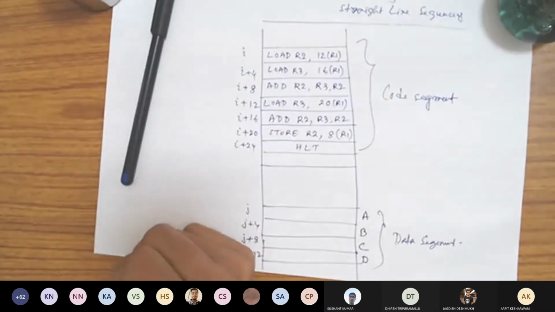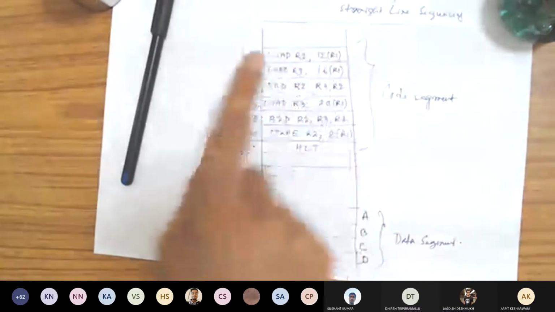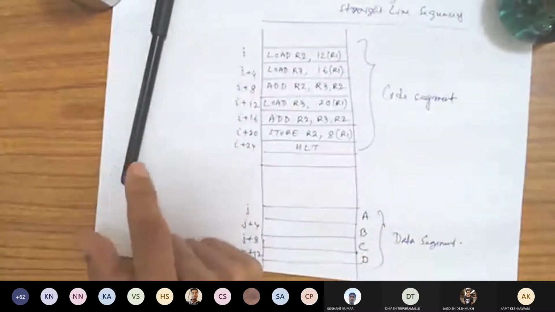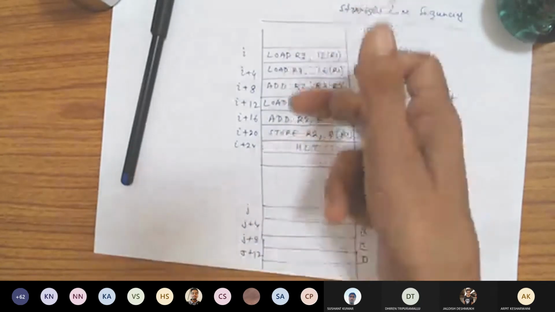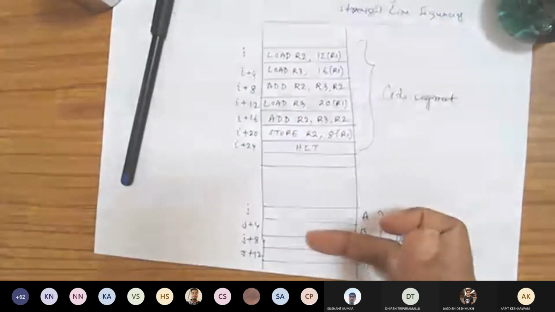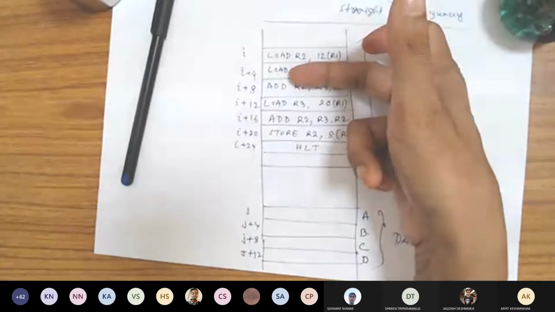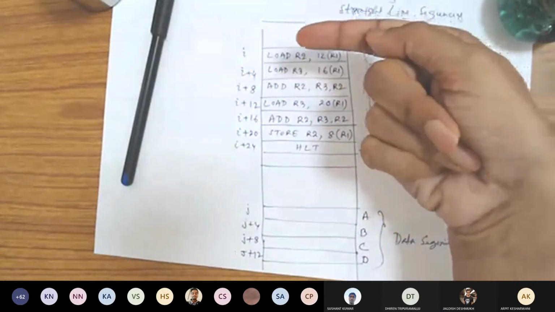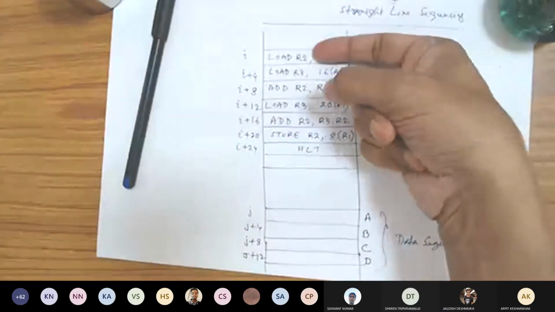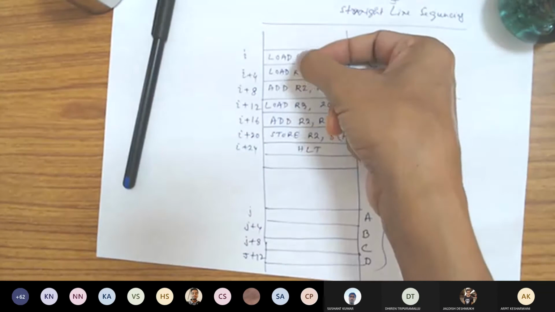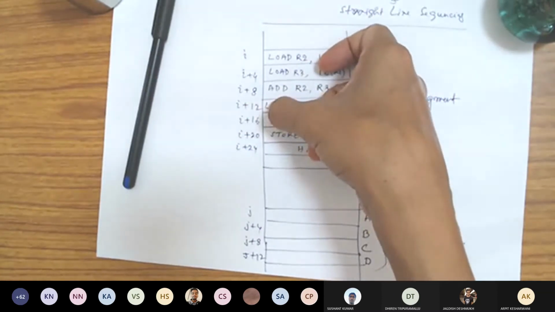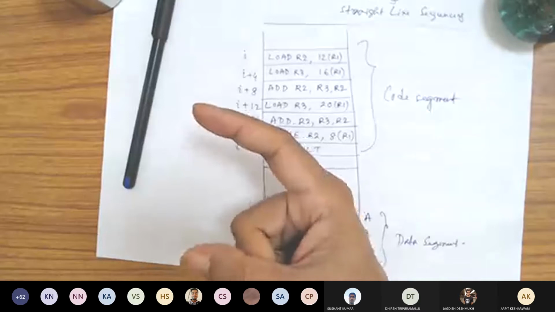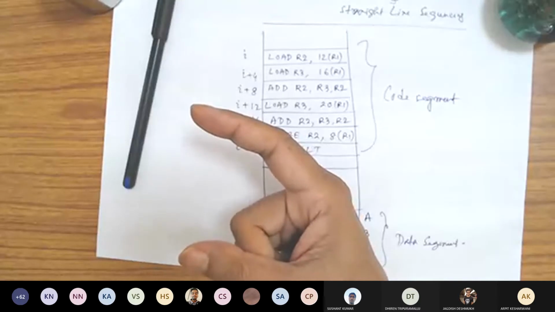That's why there is a difference in the physical address when the actual code gets executed. What I am writing here is a logical address. Logically, this instruction is 3 instructions prior to the instruction at I plus 12. That's a logical relation.